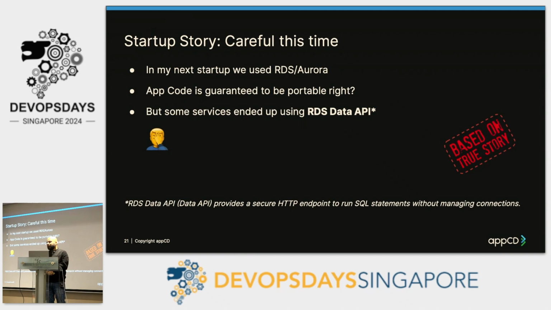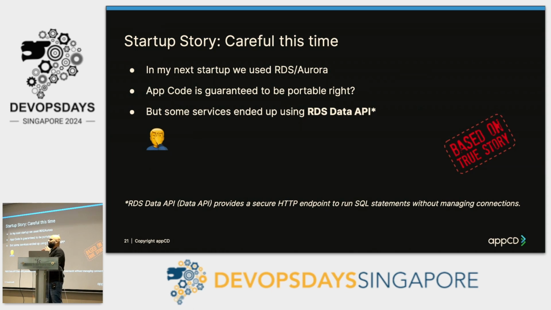Again, another story. I gave the example that let's use Postgres. It's vendor-agnostic, I can use it on any cloud. In my next startup, we ended up using RDS/Aurora, and what happened is one or two of the teams ended up using the data API. Now, data API is something that AWS exposes as HTTP.